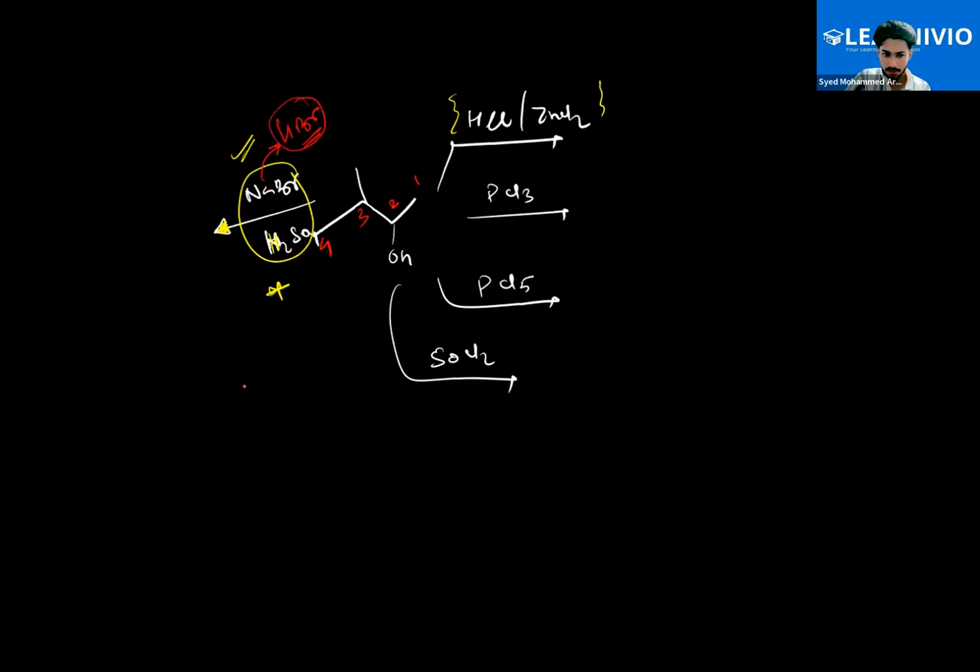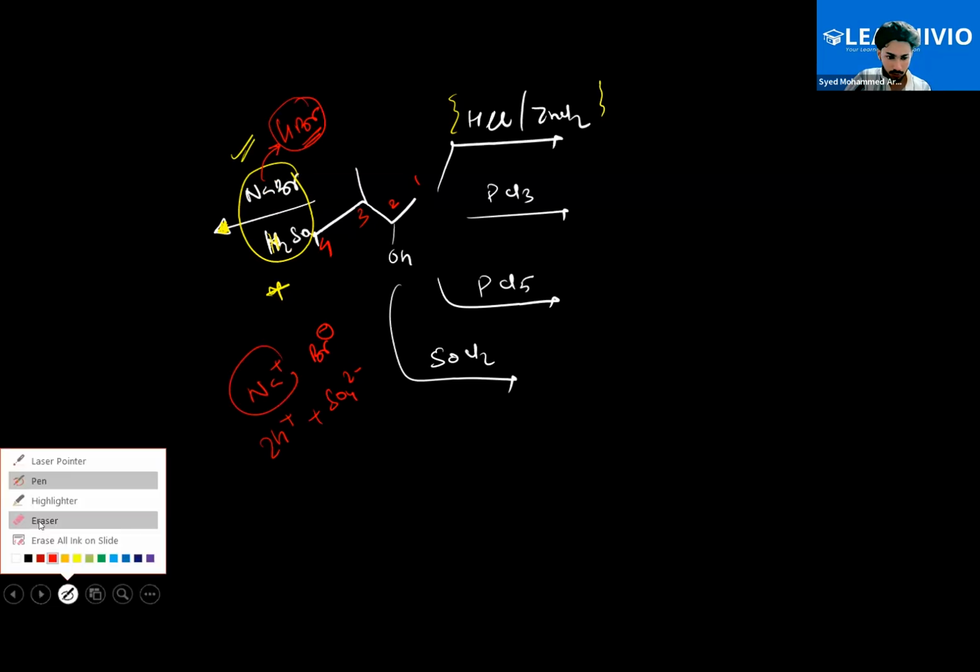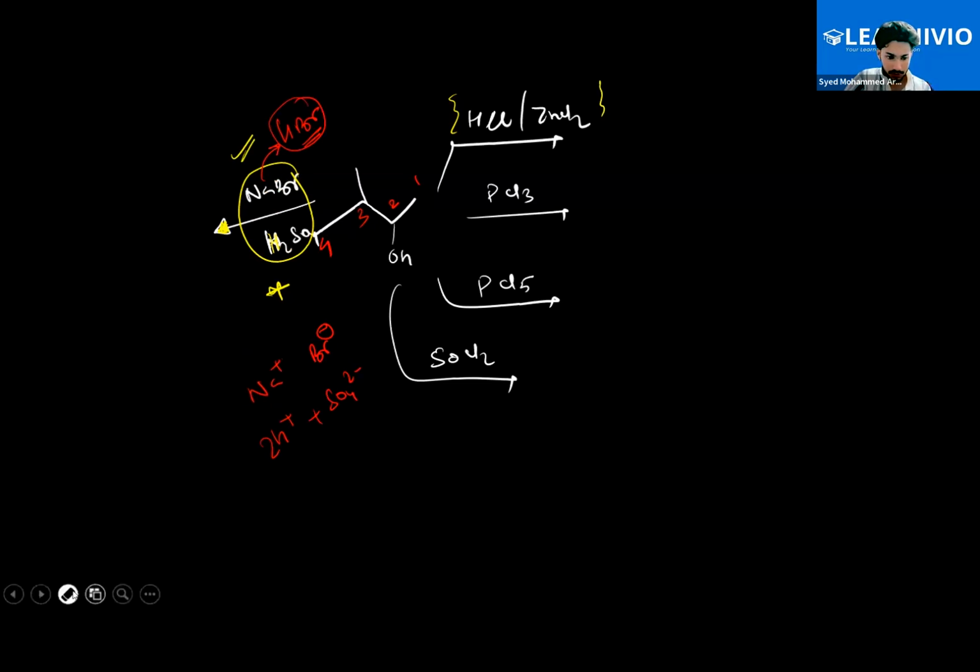Together they will form HBr, like Na plus and Br minus, and 2H plus and SO4 2 minus. So this Na will go with the sulfate, and this will go with that. So if you see, HBr will form.